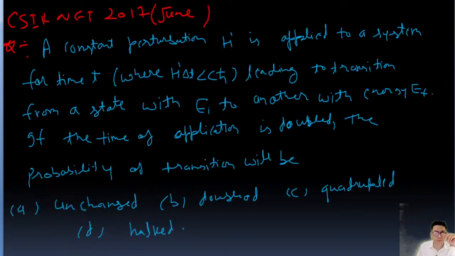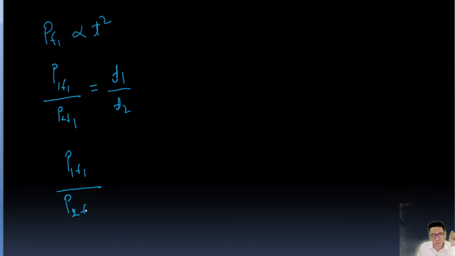So P1 Fi upon P2 Fi is going to be T upon 2T, the whole square.